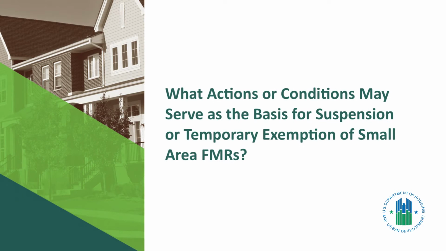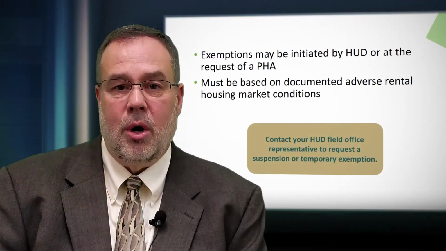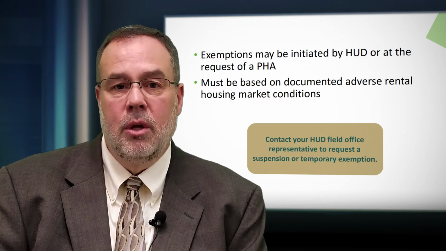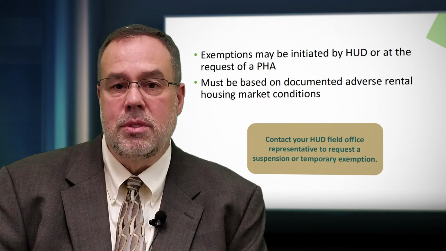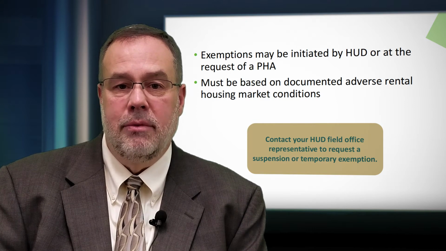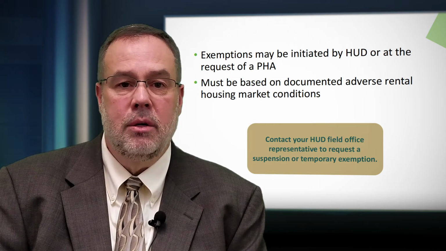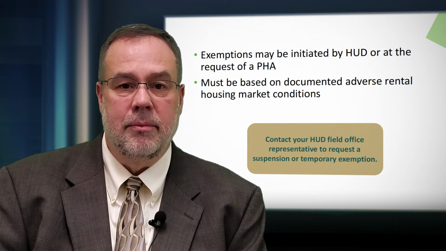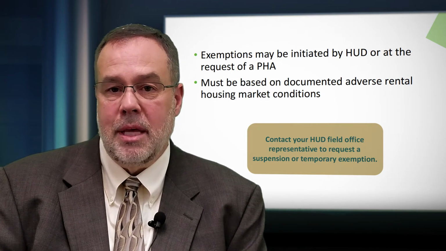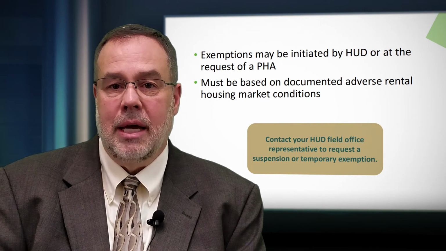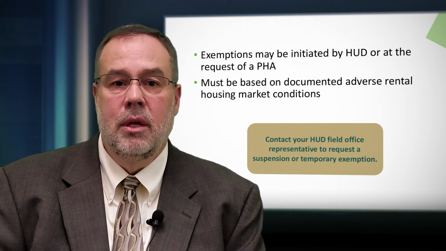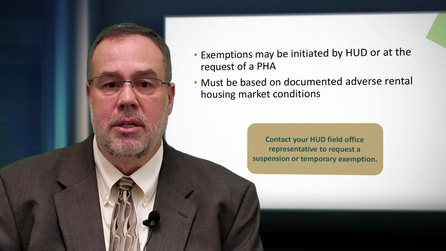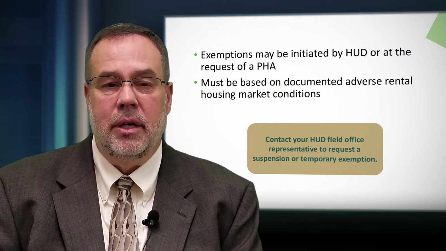In certain cases, HUD may suspend small area FMRs for a metropolitan area or temporarily exempt individual PHAs from use of small area FMRs. This action may be initiated by HUD or at the request of the PHA. The suspension or exemption must be based on a documented determination by HUD that such action is warranted due to adverse rental housing market conditions currently affecting the area.